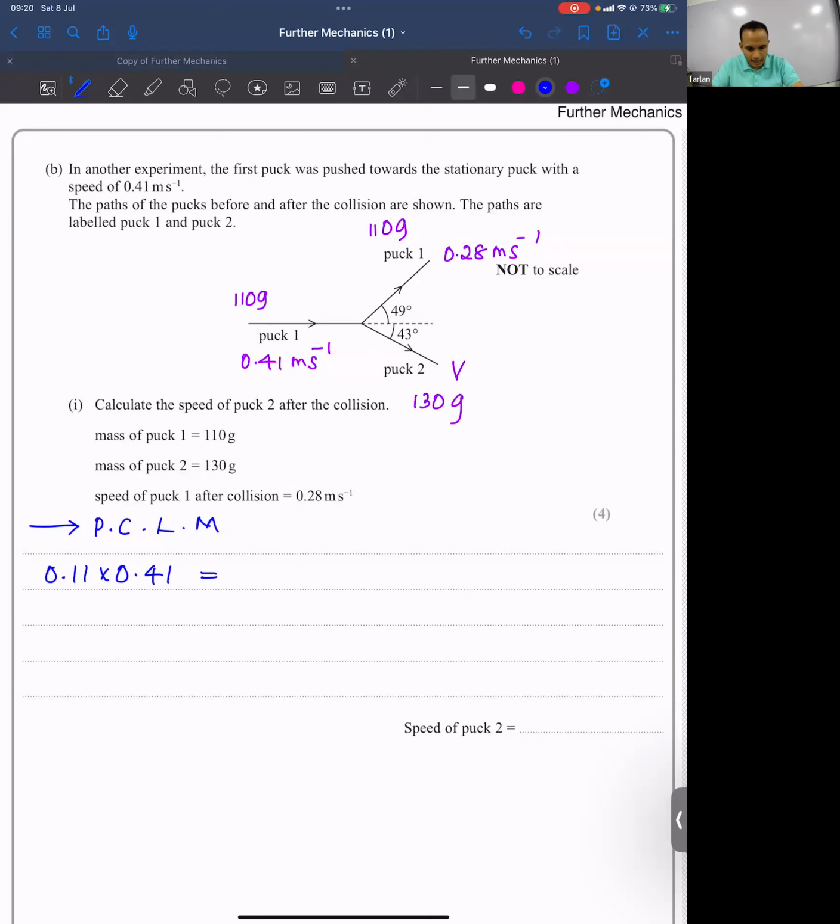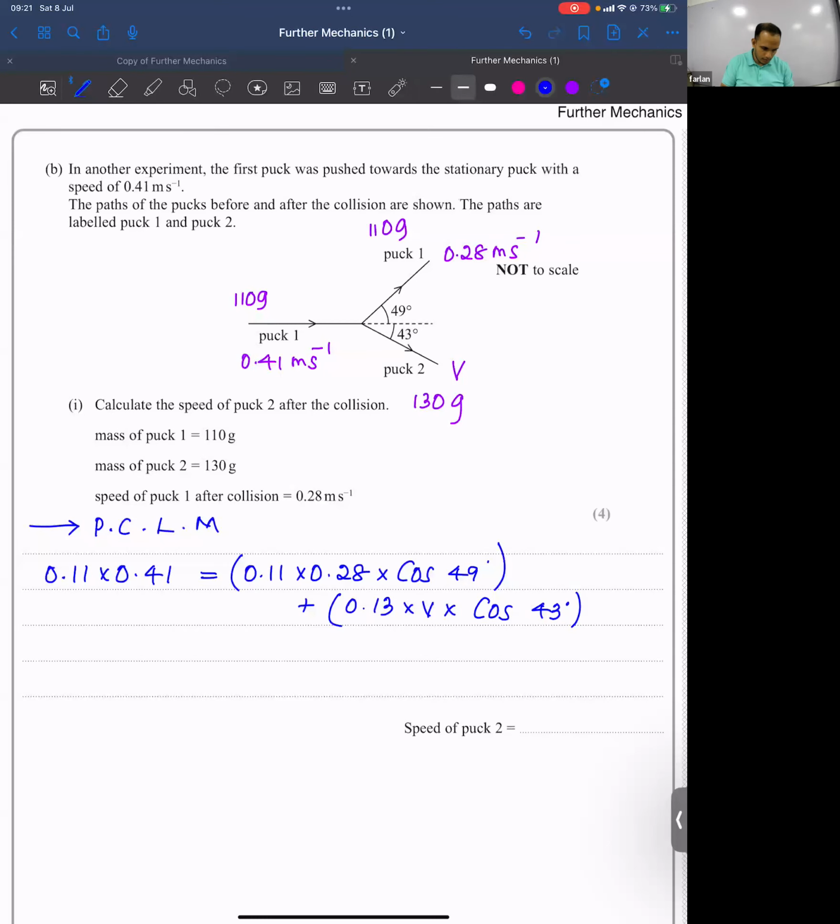In the same direction, the total momentum after collision will be 0.11 into 0.28 cos 49, because the component of this in this direction will be cos 49, plus the momentum of the other one, which will be 0.13 into V into cos 43. So from here you can get the V.